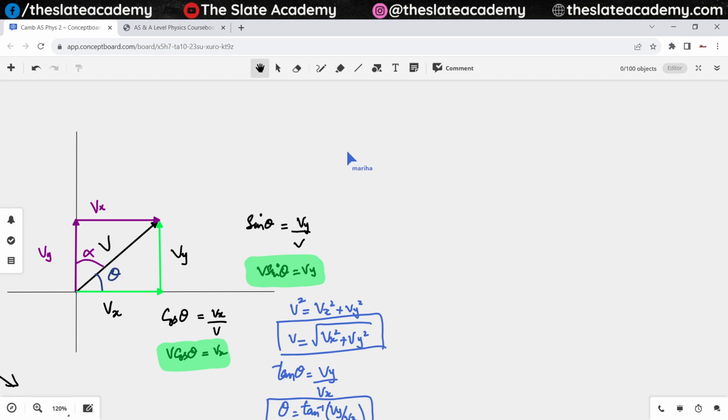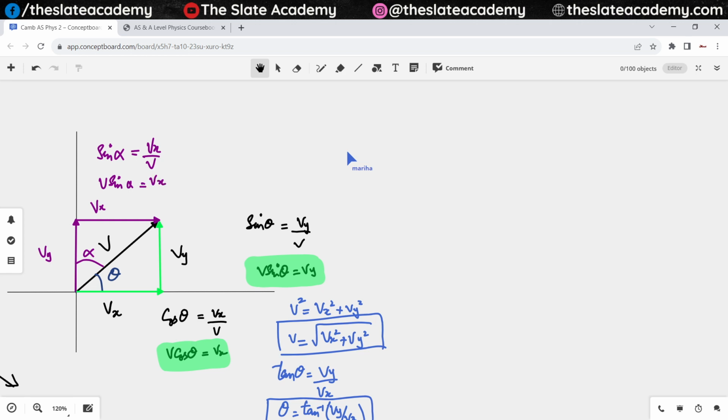Now if we break down the triangle, we can say sine theta is equal to opposite, or instead of theta we'll have alpha. So sine alpha is equal to opposite by hypotenuse. Opposite is Vx and hypotenuse is V. So if we solve it out, it becomes V sine alpha is equal to Vx.